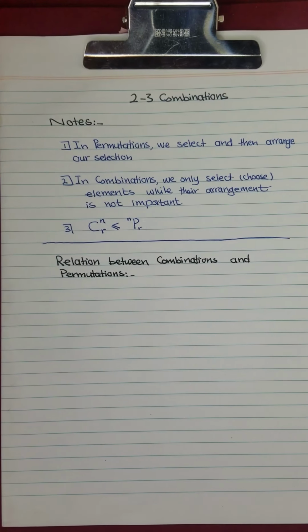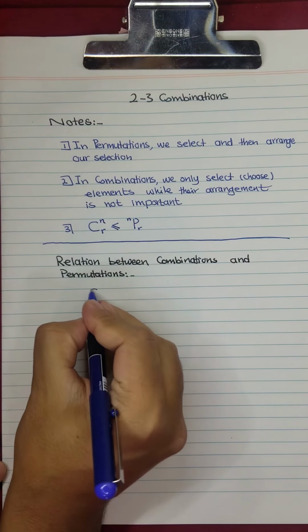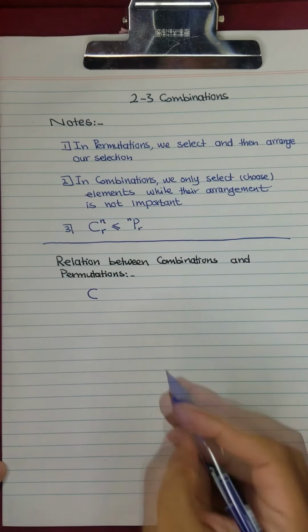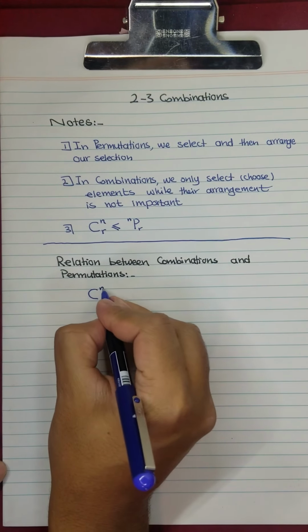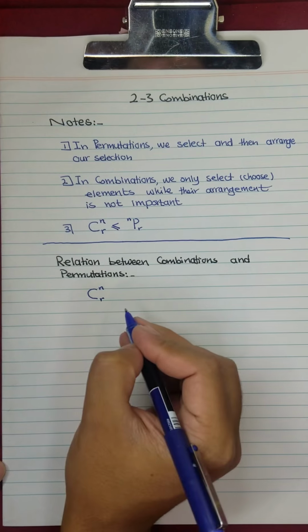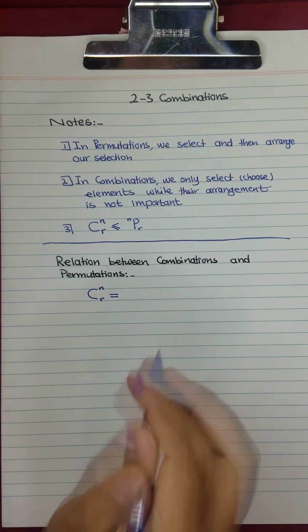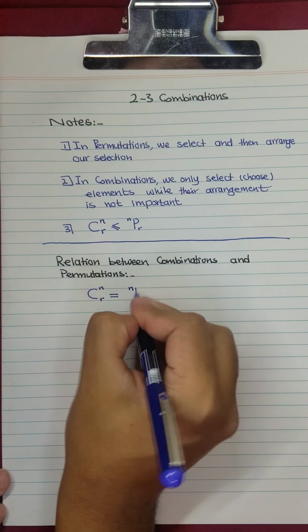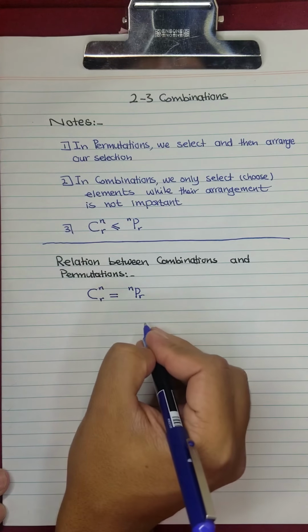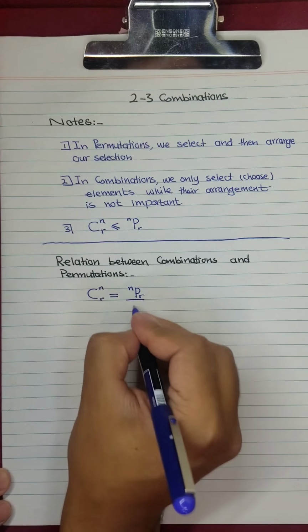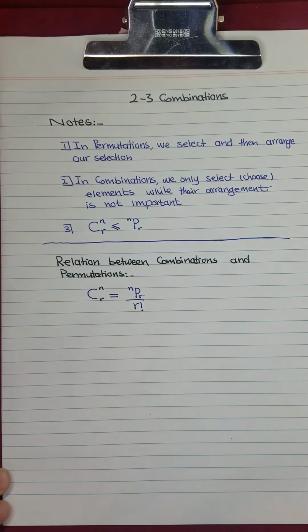So, this is quite an easy relationship. And it states the following. Look at this, guys. Whenever we have a combination of n elements and you want to select or choose r elements from the n, this is going to be equal to n permutation r divided by r factorial.